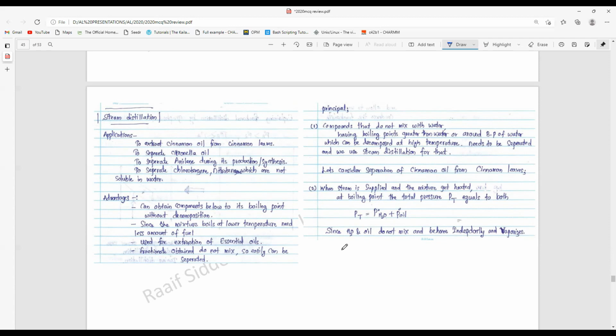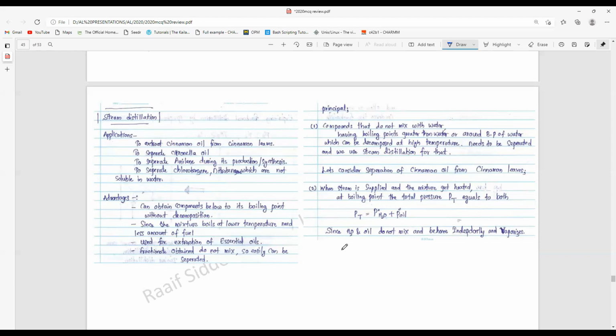Why? First think about that. The first point that should come into your mind is these two are not mixed. These two not being mixed means they are behaving like two different solutions that are present and evaporating independently.